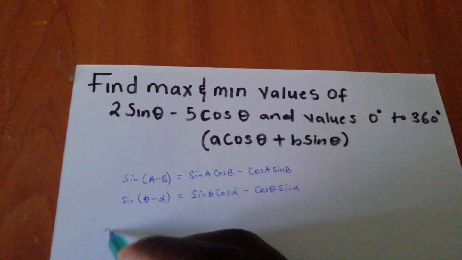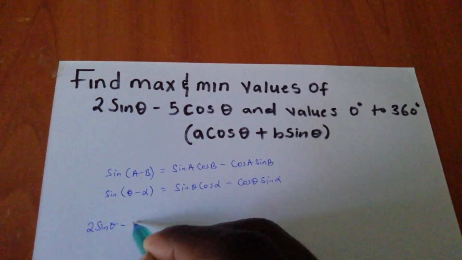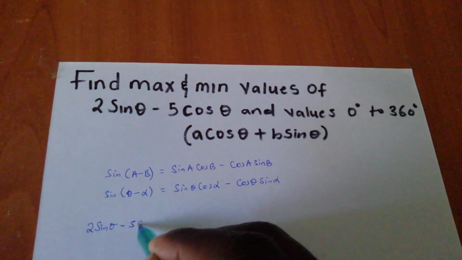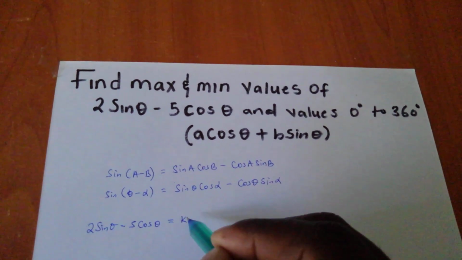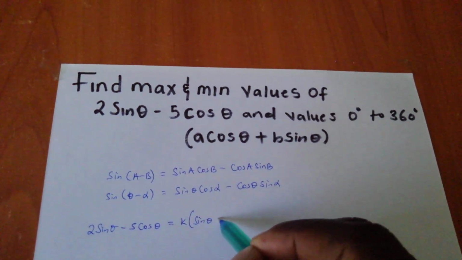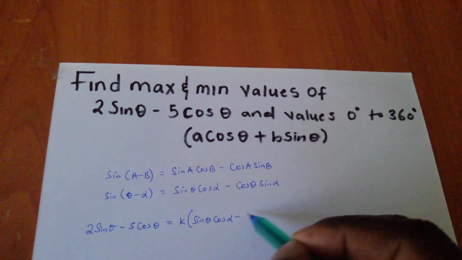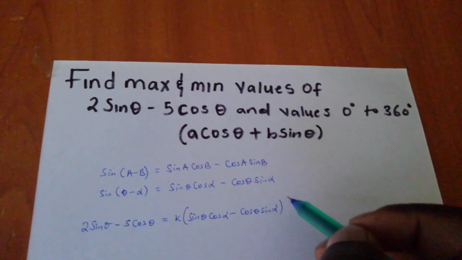So I will have 2 sine theta minus 5 cos theta equal to k, my constant, and the whole of this: sine theta cos alpha minus cos theta sine alpha.